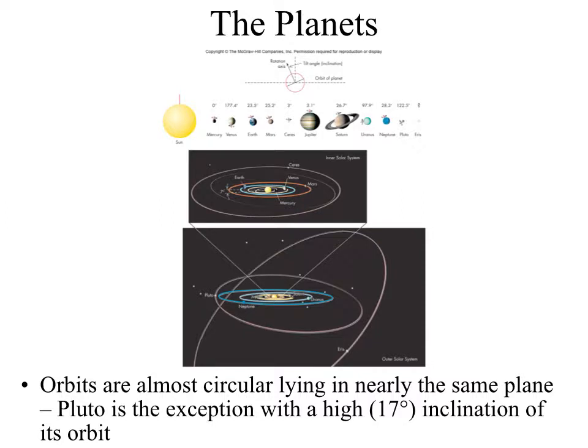From this slide we see that most of the planets orbit in a plane around the sun, except for Pluto, which has an orbit that tilts about 17 degrees, and these orbits are almost circular. They're not perfectly circular, as Kepler has shown that the planets move in elliptical orbits.